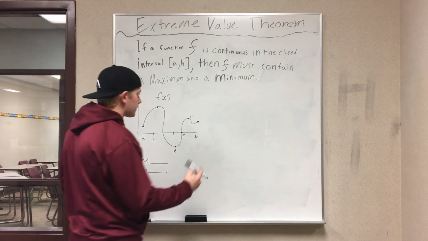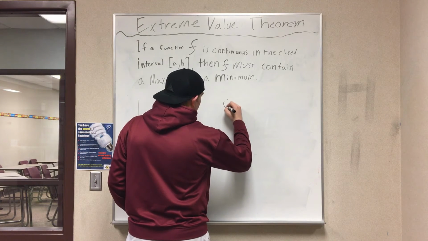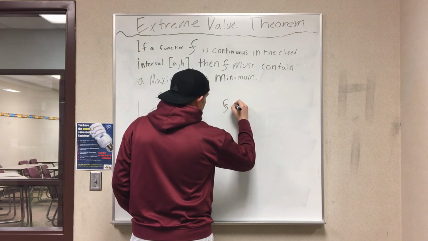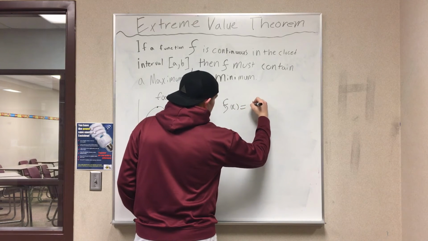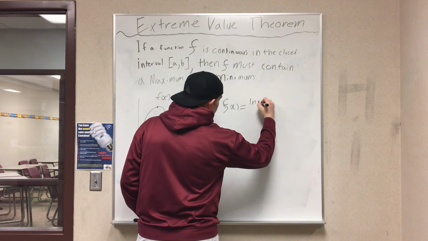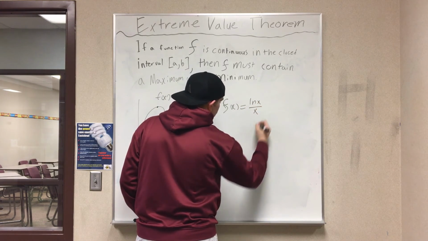The second, a little bit more difficult. Function f of x is equal to ln of x over x.